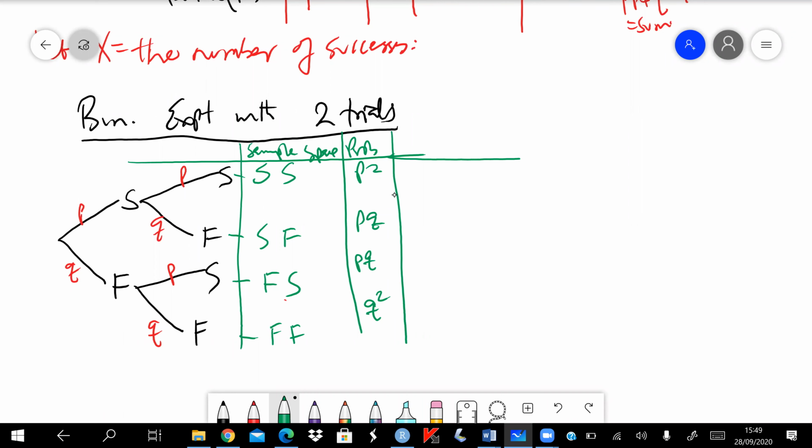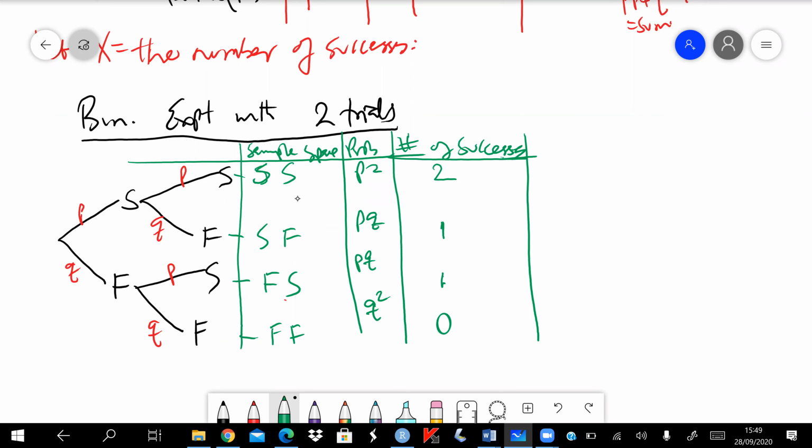Our interest is the number of successes. We count the number of S's in every outcome. In the first one we have S and S, so those are two S's. In the next one we have one S. In the third one we have one S. In the last one we have zero S's.